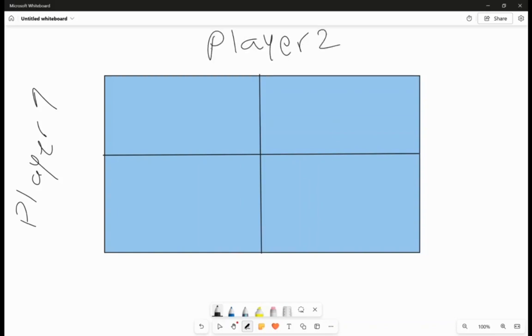So first of all, it might be easier to use this one. And then we are gonna divide it into 2 because we have 2 players. Maybe this way is easier to write down the payoffs only.